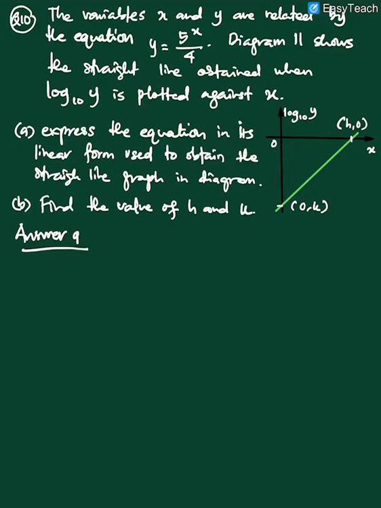We have y equals 5 power of x over 4, and we know that we have the log here. So that means I have to take log base 10 of both sides of this equation. So we have log base 10 y equals log base 10 of 5 power of x over 4.